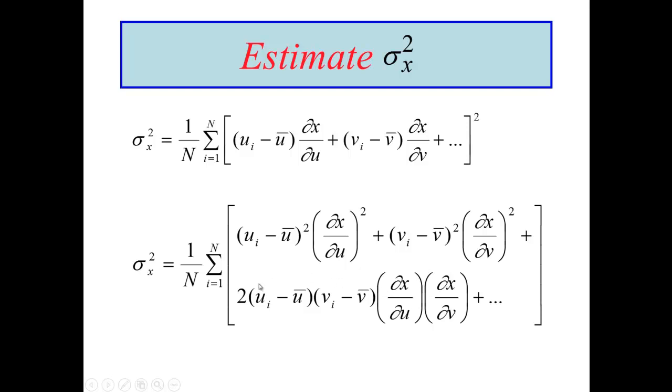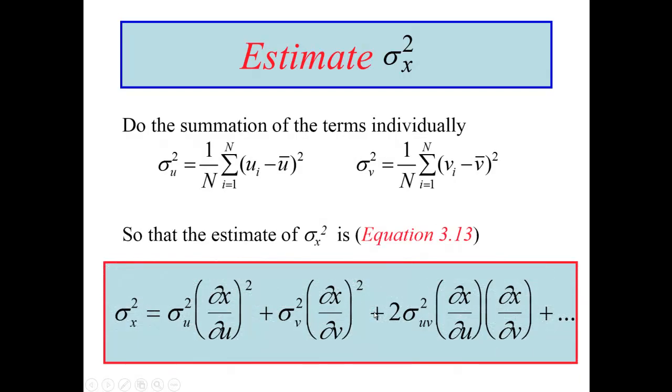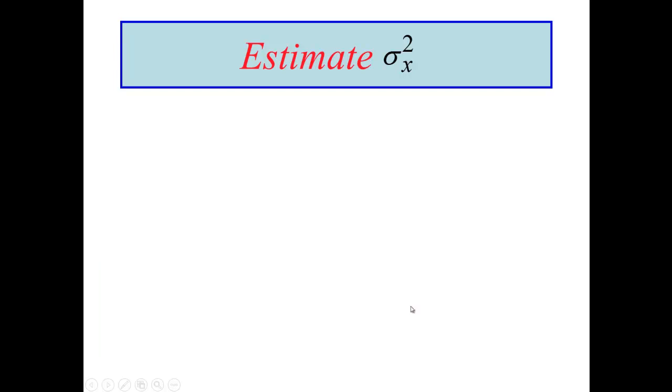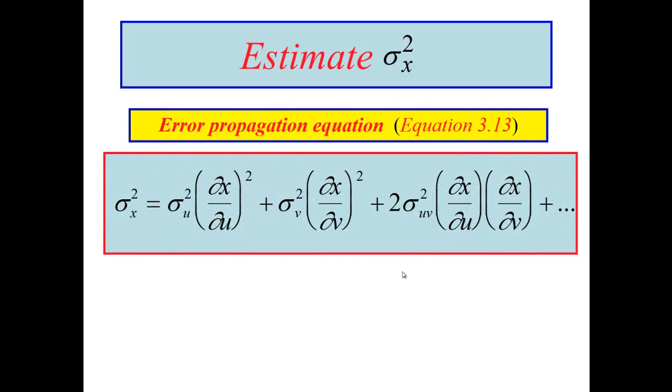And then what we're going to do with this term here, the sum over all the individual trials n of this term here, is we're going to give it a special name, and we will call it the covariance. So the 2 remains out here. The dx du and dx dv terms are here, and everything else that represents that summation is in this covariance term.